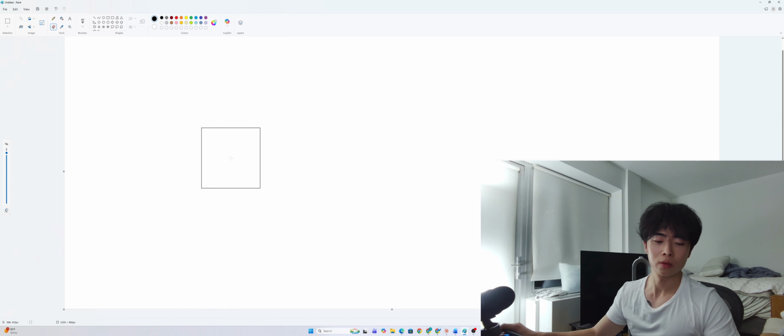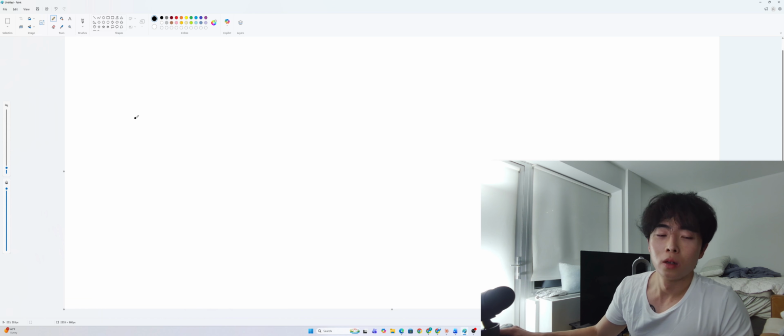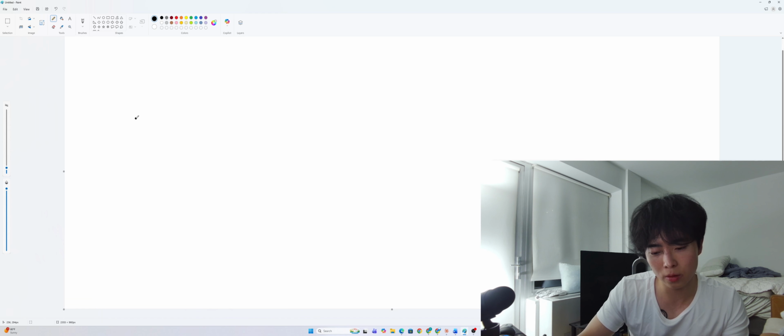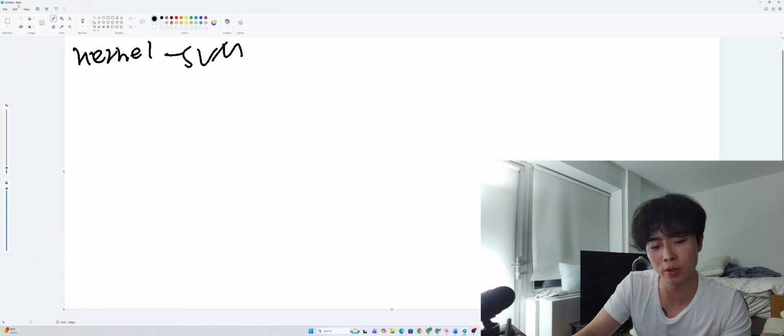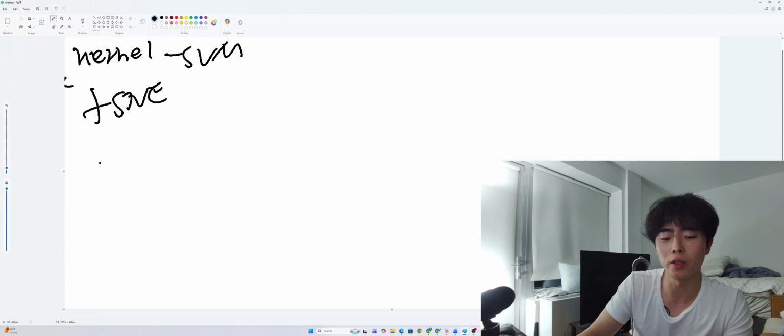So, taking notes: kernel is what I need to review for support vector machine. There are other dimension reduction techniques like t-SNE and linear discriminant analysis.